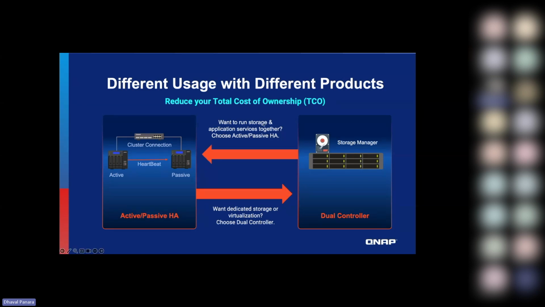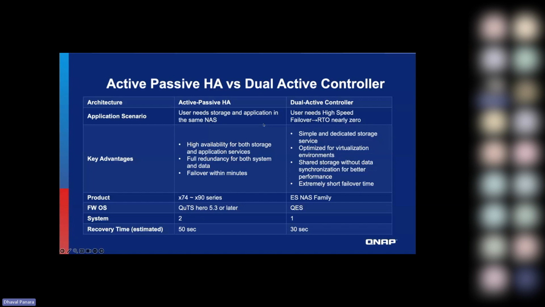So this is the comparison chart right here. The recovery time on the dual controller model is only 30 seconds, but with the heartbeat it's about 50 seconds, a little bit longer.